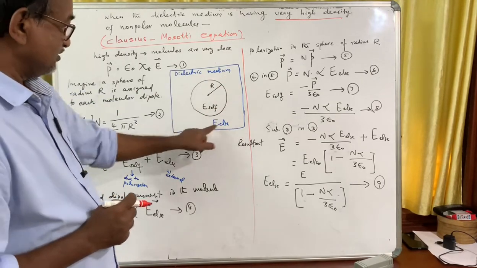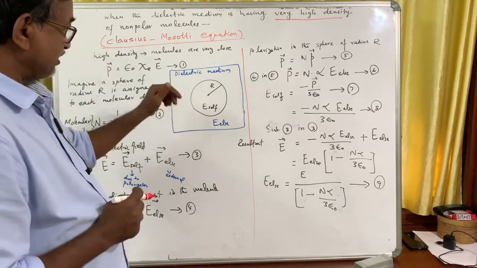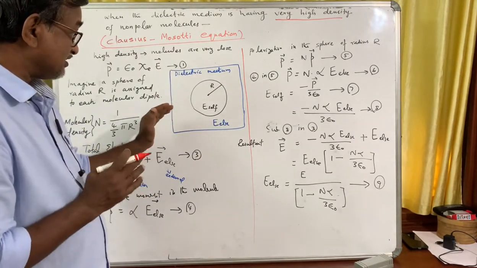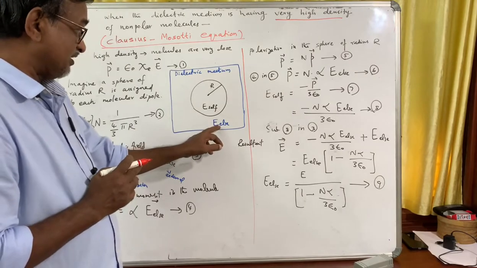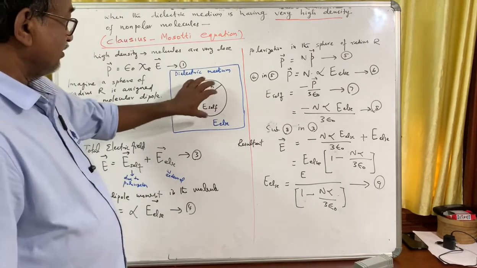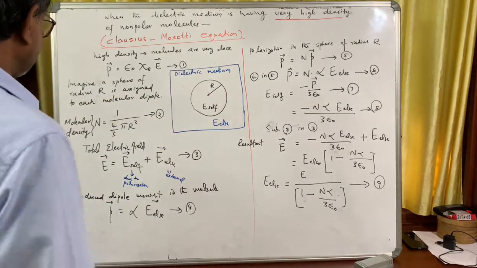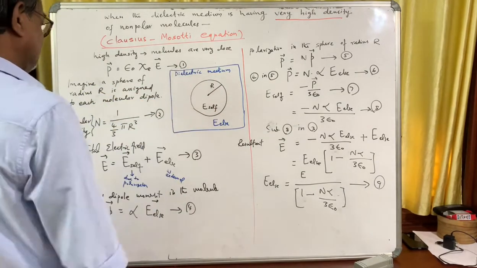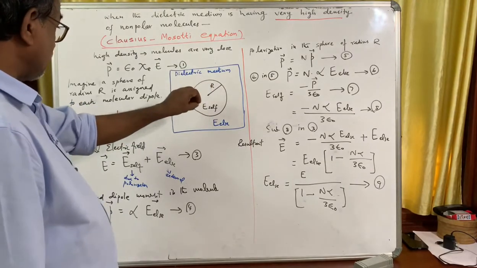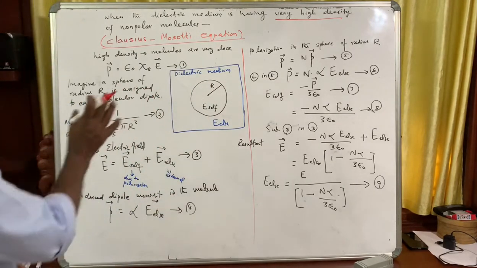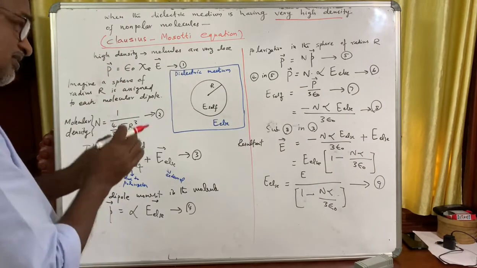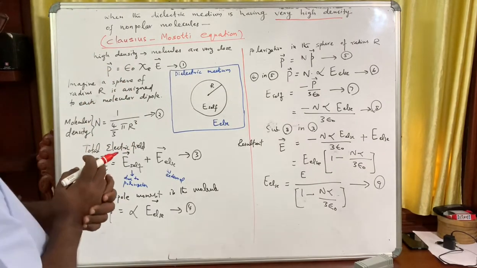If you consider this blue, this is the dielectric medium, and the dielectric medium is having its own electric field, that is E_s. And you imagine here a sphere of radius r, and to each molecular dipole is assigned a radius r. It is simply an imagination.